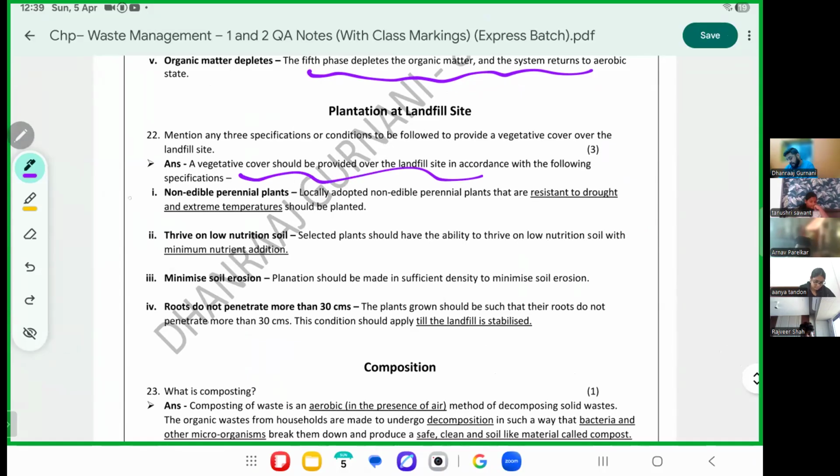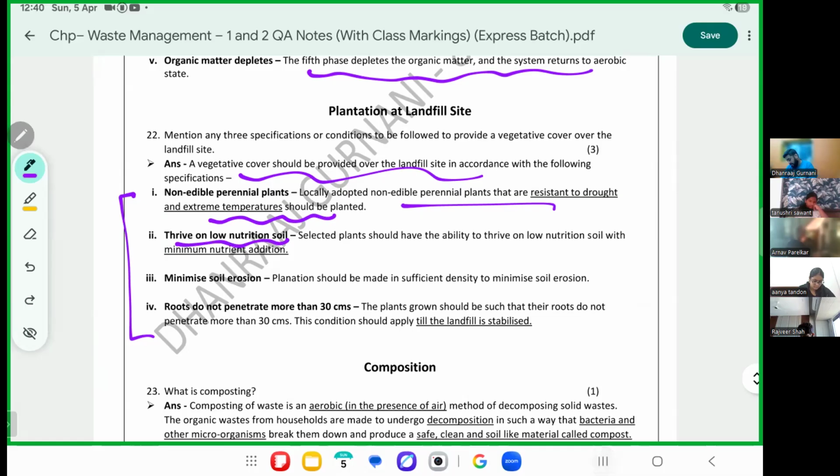But to grow vegetative cover, there are four conditions. Please make a note. Number one, grow non-edible plants. Don't grow edible plants, otherwise there will be problems, because the soil inside is not good. You have to grow plants which can withstand high temperatures and drought. You have to grow plants which thrive on low nutrition.